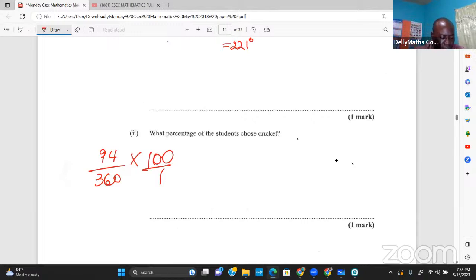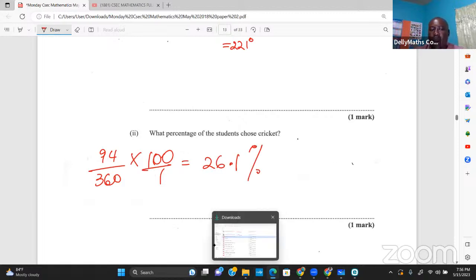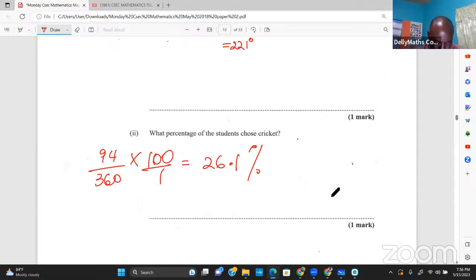So it's 94 divided by 360, multiplied by 100, and I'm getting about 26.1%. Very straightforward. Relate the idea as a fraction, and then convert it to a percentage, which is to multiply by 100 all the time. Let's see what the next question says.